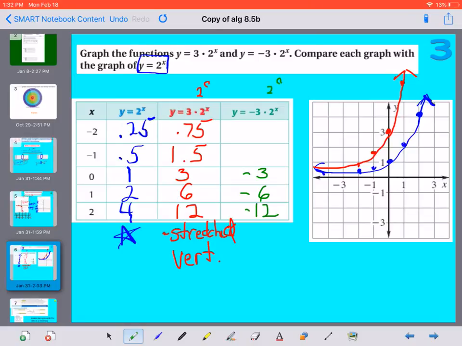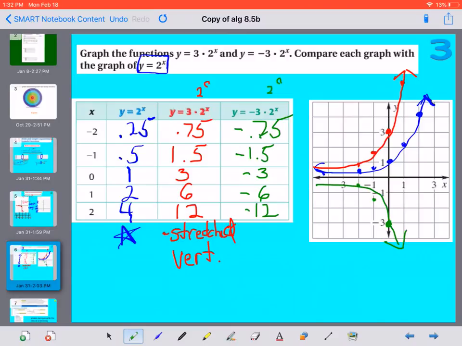Negative 3 times 2 to the negative 1 gives us a negative 1.5 and then a negative 0.75. So at 0 here, this one starts at negative 3. At negative 1, we have negative 1.5, and at negative 2 is negative 0.75. Then we would draw our line like that.